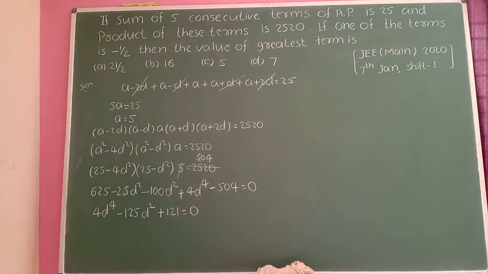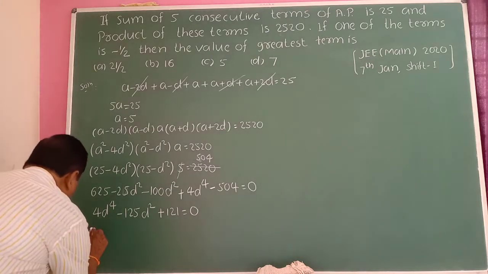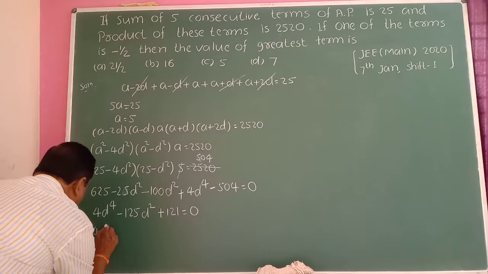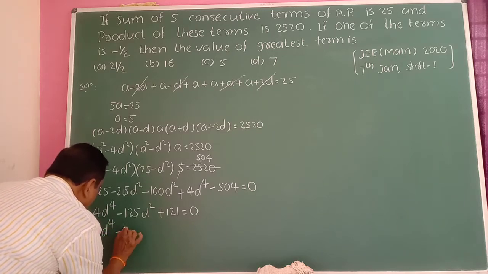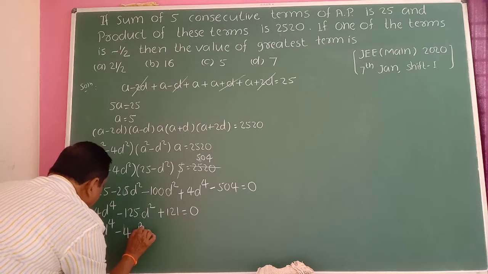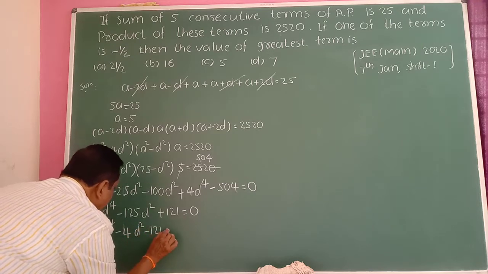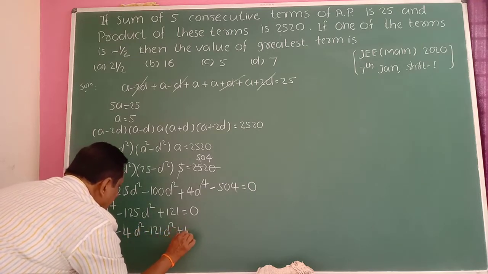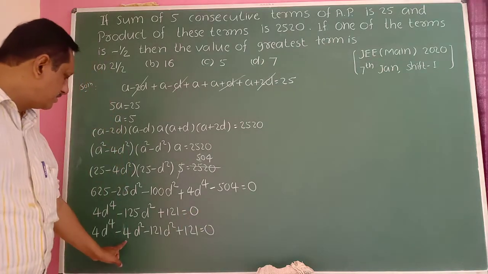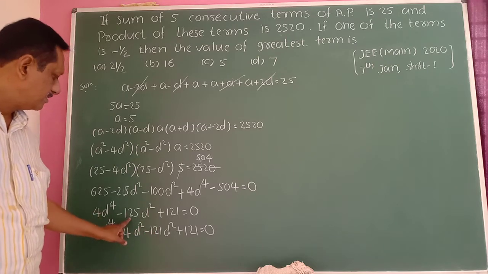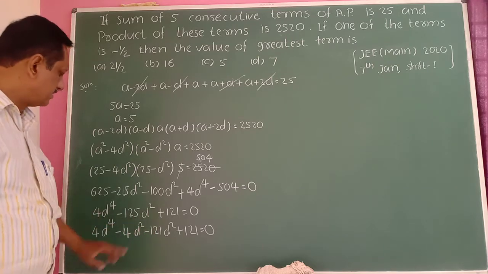It is a quadratic factor here. Therefore, 4d raised to 4 minus 4d square minus 121 d square plus 121 is equal to 0. Minus 4 minus 121 gives minus 125 d square.